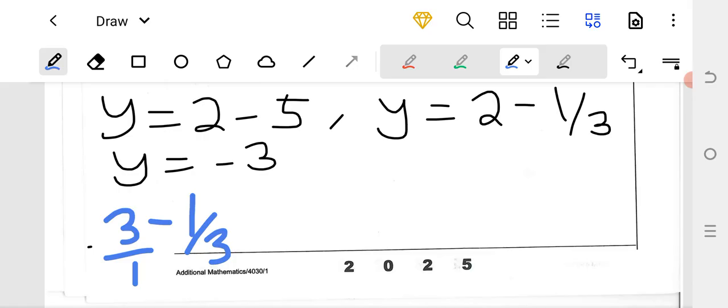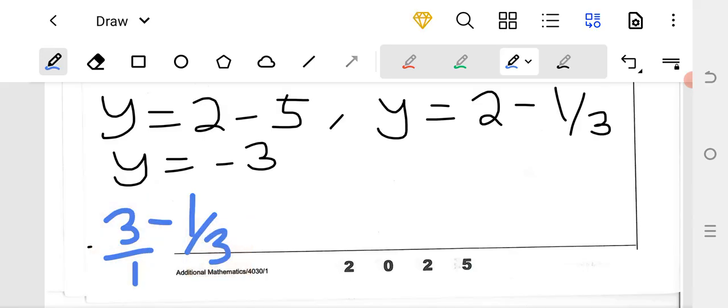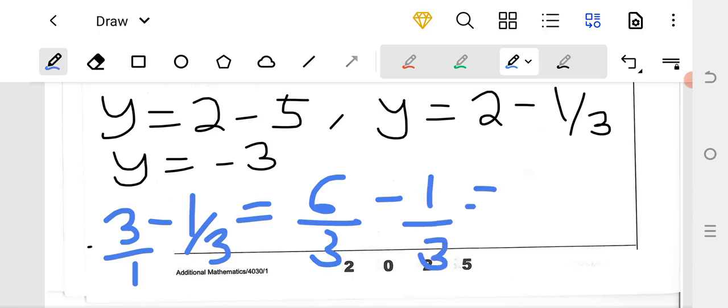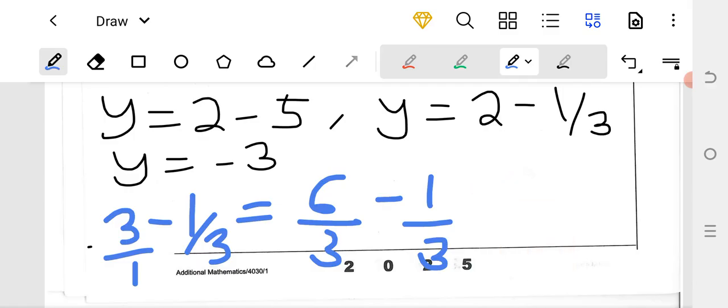You say 2 over 1. But what I'll tell you is get this 3, multiply it by this 2 here, and multiply it by this 1 here. If that is confusing to you, it will give you a 6 over 3 minus 1 over 3, and your answer is going to be 5 over 3. So you just subtract these numerators, and then you're going to find a 5 over 3. That's the hack I wanted to show you.